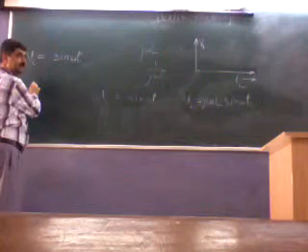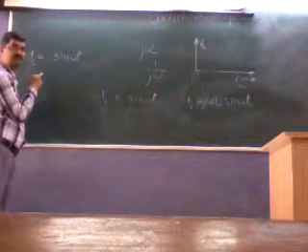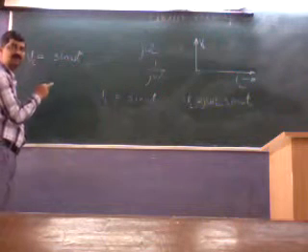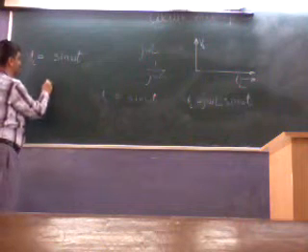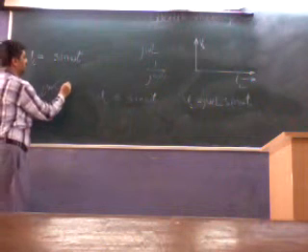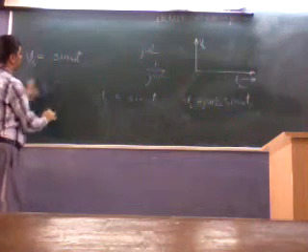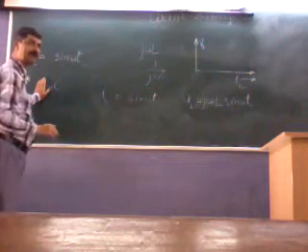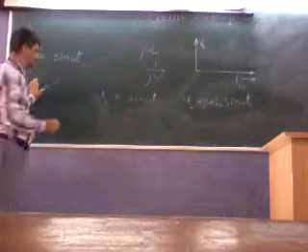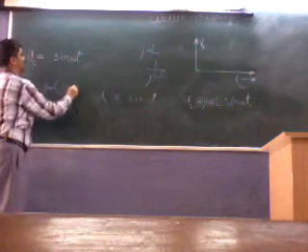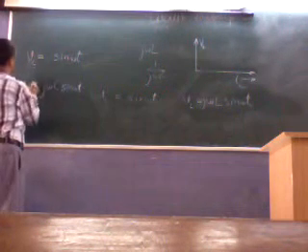Current is omega C cos omega t, that is j omega C sin omega t. So j omega C sin omega t is the current.